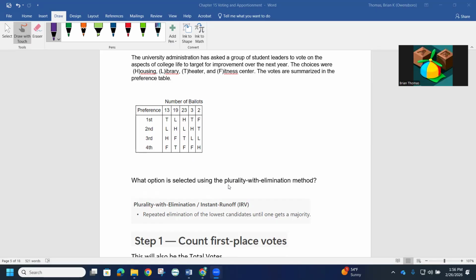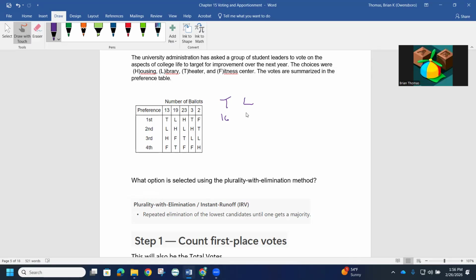So my first instinct is it looks like housing plays in, but what we want to do is prove it. So we have what's called the plurality with elimination method. Right now, if we just look at the first place votes, theater has 13 and 3, which would be 16.